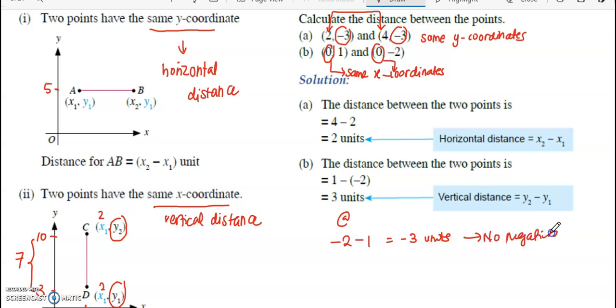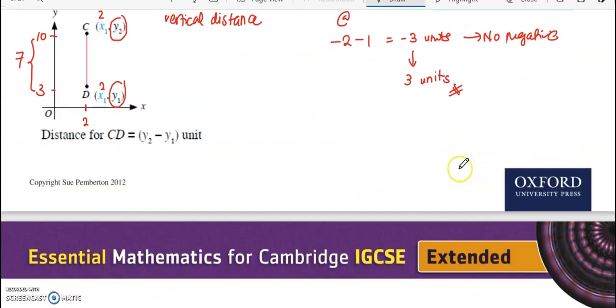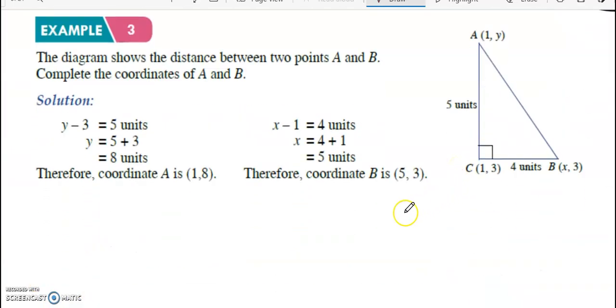So automatically, bila you dapat jawapan negatif ni, you kena tukarkan dia jadi positif. So, 3 units. Tukarkan je. So, kita tahu distance takkan pernah negatif. Jarak mana boleh negatif?